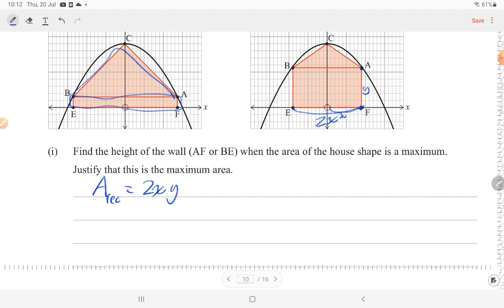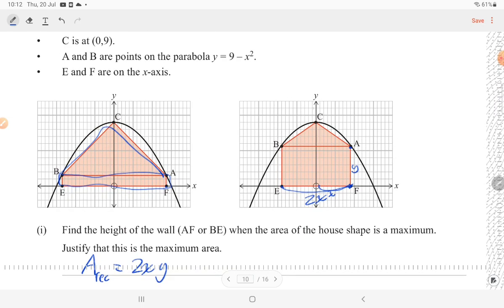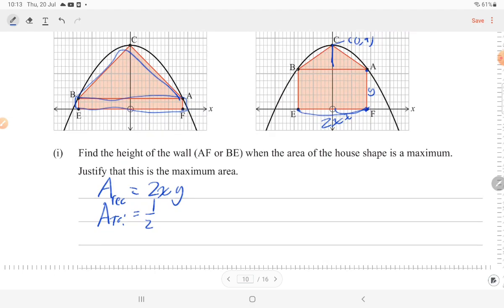The area of this triangle is slightly a bit harder, but we need to use the information. C is at 0, 9. So the area of the triangle will be half base times height. So this base length is the same as this base length, so half times 2x.